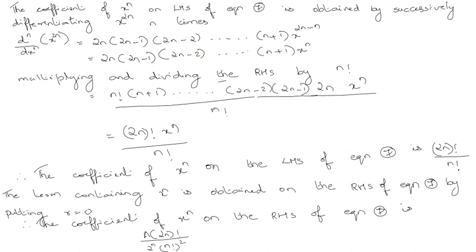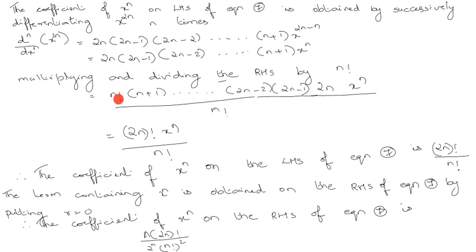Now we are going to multiply and divide the RHS by n factorial. That is just multiplying the numerator by n factorial and rearranging it. That is n factorial into n plus 1 into n plus 2 into etc. 2n minus 2 into 2n minus 1 into 2n into x raised to n divided by n factorial.